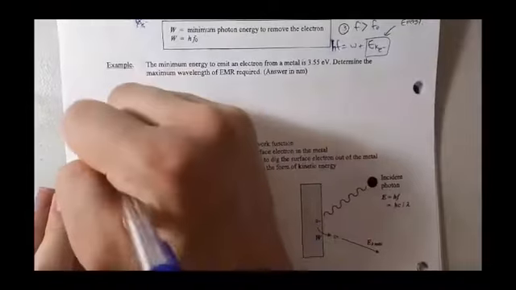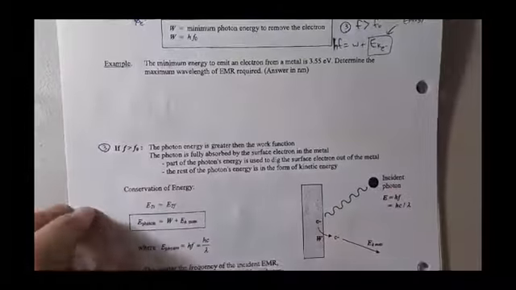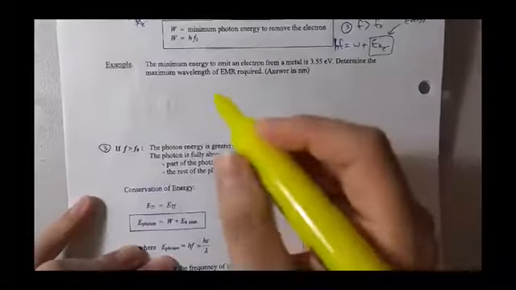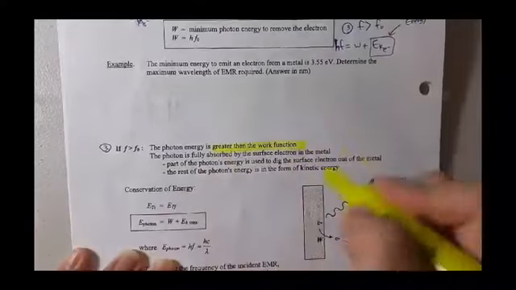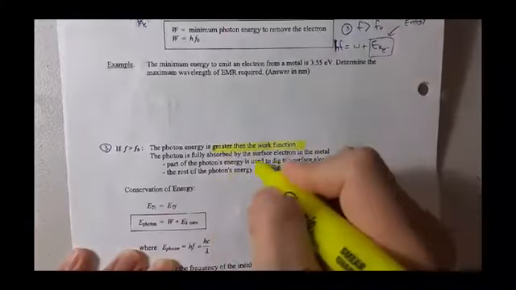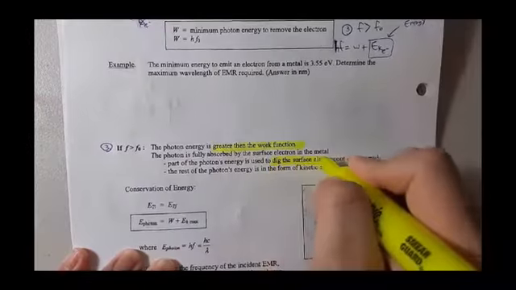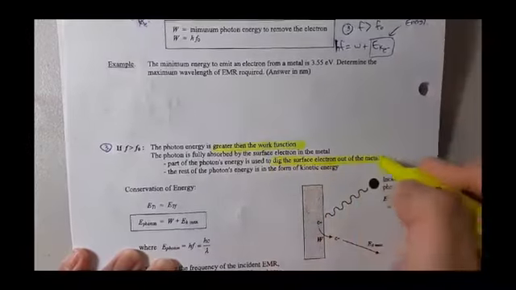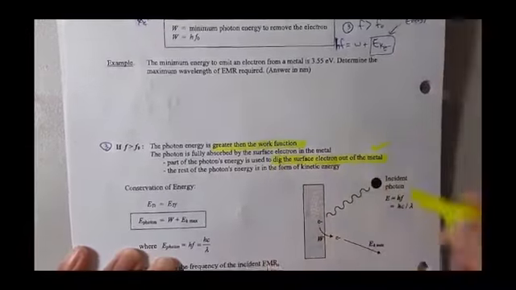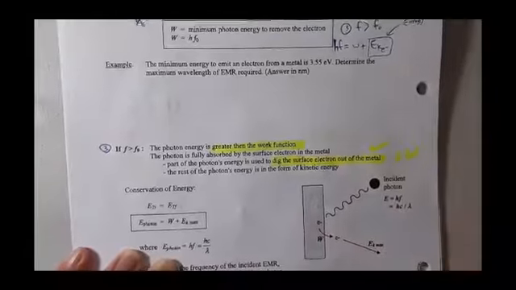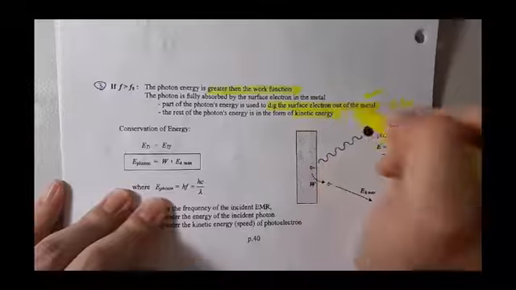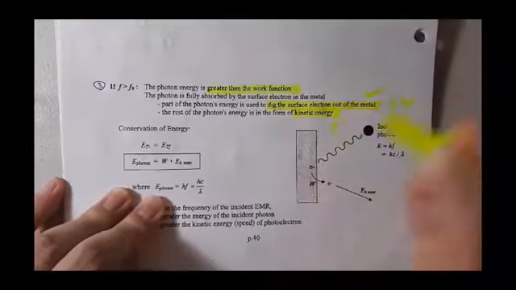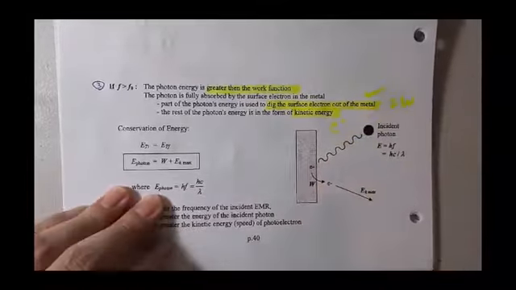And by the way, before we get into this, number 3 is kind of repeated over here. If the frequency is bigger than f0, photon energy is greater than the work function, then that means we can dig the electron out of the metal. That part is done, and that's W. And the second part is the rest of the photon energy will be kinetic energy that makes the electron move from one place to another.